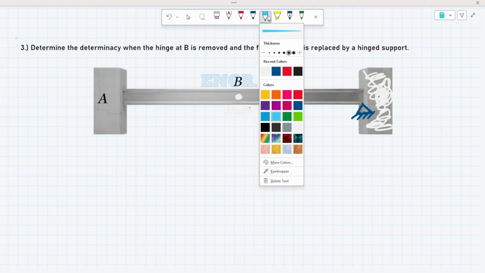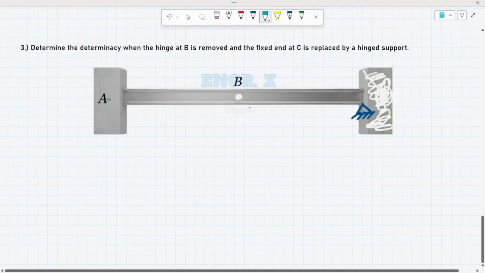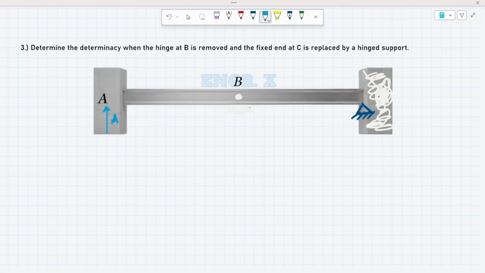First is identify the number of unknowns. So, we have here vertical reaction, AY. This is your AX and MA.